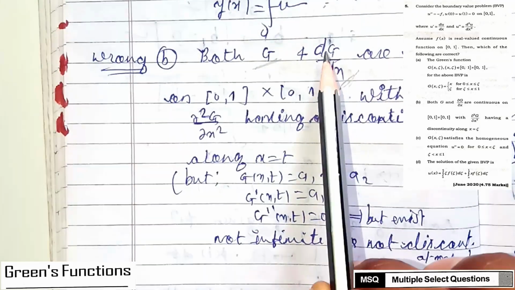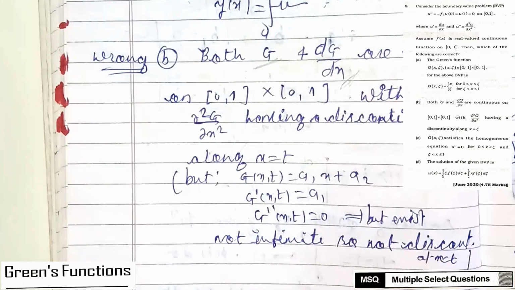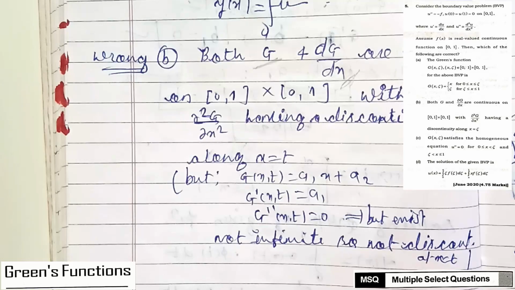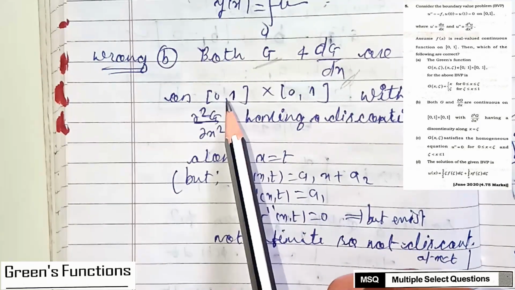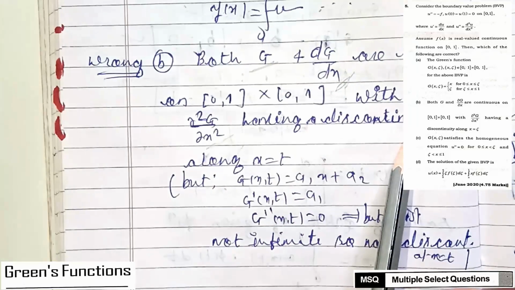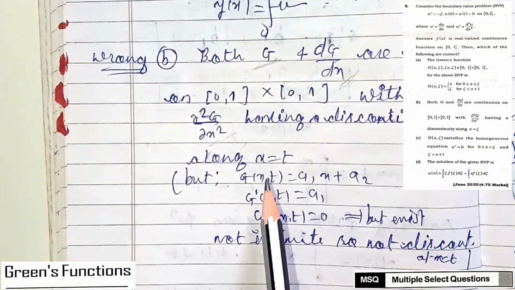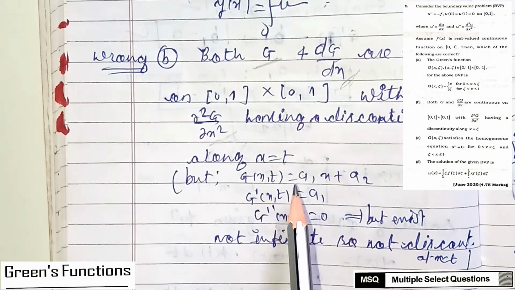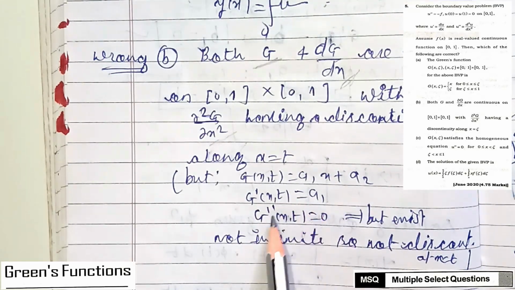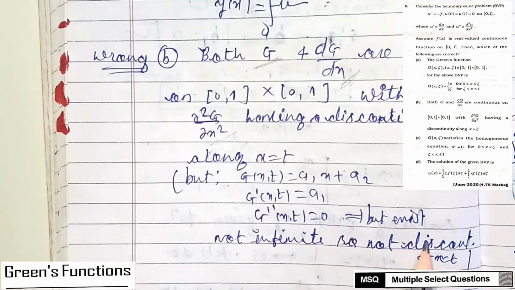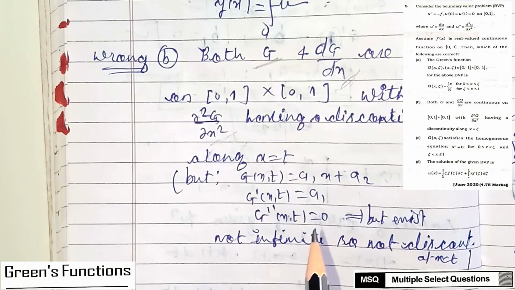The first derivative dg by dx may or may not be continuous, but as we have the closed interval 0 to 1, the double differentiation has a discontinuity. If we want to check, take x equal to t. For g we get a1x plus a2, g dash gives a1, g double dash gives 0. So differentiation exists here, but it is not infinite. So there is a discontinuity at x equal to t.